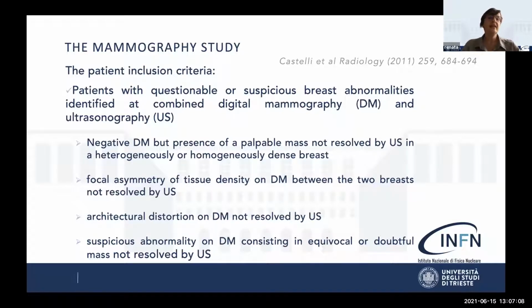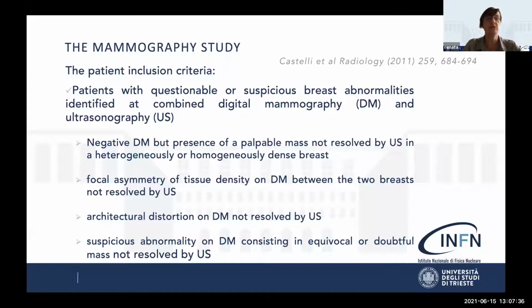The patient inclusion criteria: patients with questionable or suspicious breast abnormalities identified at combined digital mammography and ultrasonography. So only patients with doubtful diagnosis after the standard clinical exam, which means negative digital mammography, but presence of palpable mass not resolved by ultrasound in heterogeneously or homogeneously dense breast.